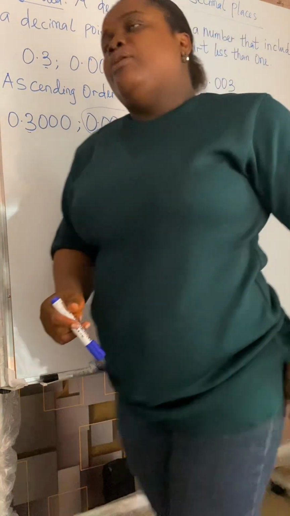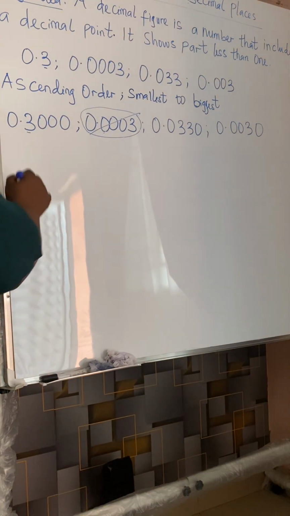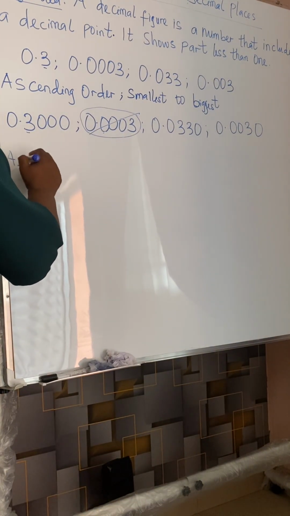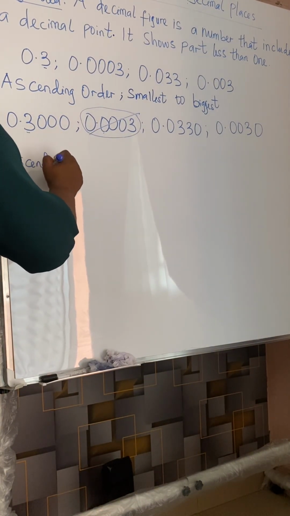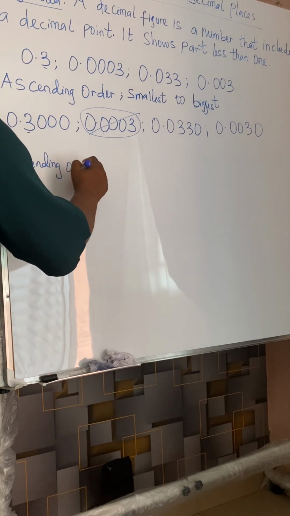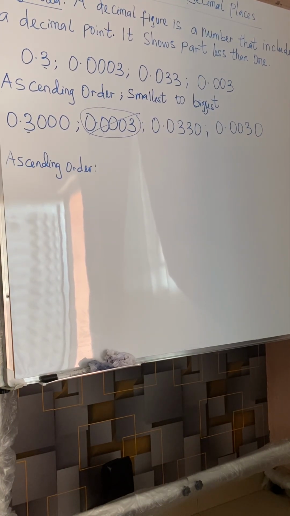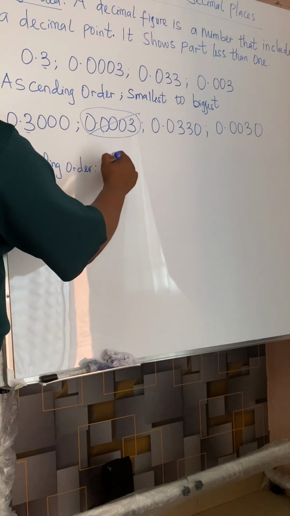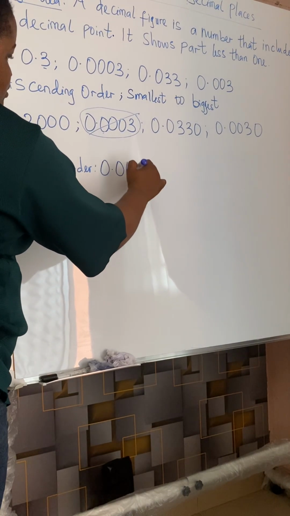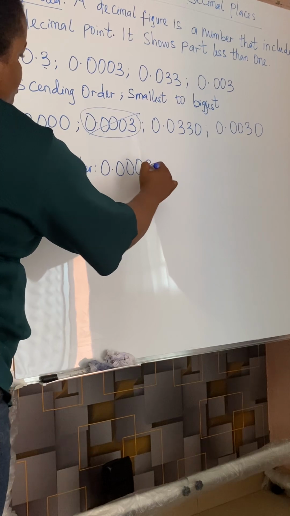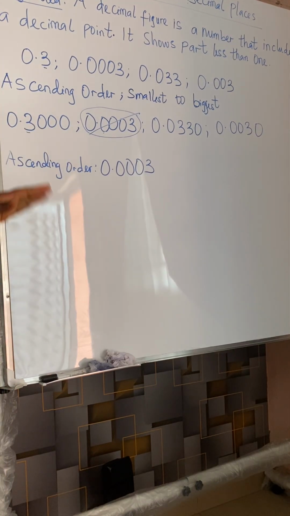So if I want to go in ascending order, the arrangement will be this. 0.0003 is the smallest number here in this set.